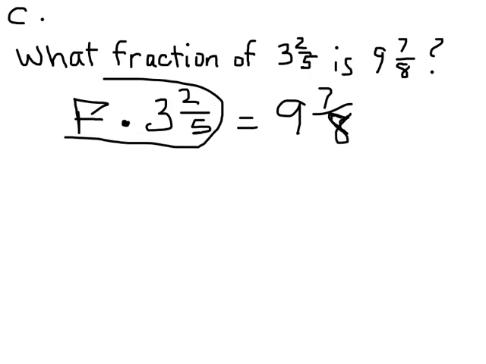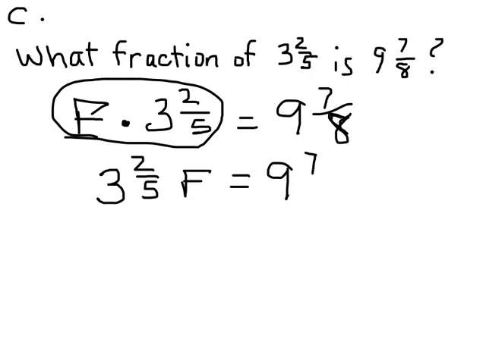This part right here, I can write it like this: 3 2/5 f equals 9 7/8. And it means the same thing, because we're just taking out this multiplication sign right here. We don't need a multiplication sign between numbers and letters in algebra.